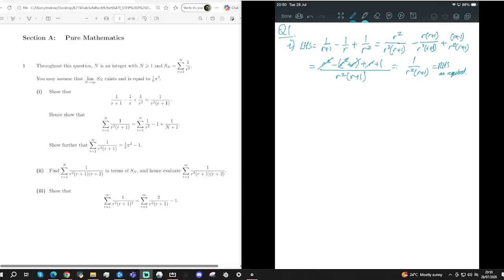So now, how are we going to use that? We now want to show that this sum is equal to that thing. So the sum from r equals 1 to capital N of this thing, well, from what we've just proven, this is the sum of 1 over r plus 1 minus 1 over r, and I'm going to separate it in this way because I'm already recognizing that that first sum is basically your method of differences.